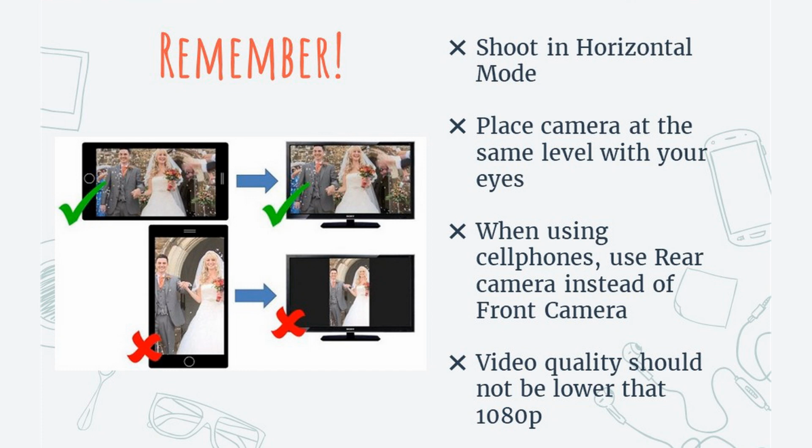When using cell phones, use rear camera instead of front camera. The rear camera has much greater quality than the front cam. And also remember that video quality should not be lower than 1080 pixels so that your face and graphics would not be distorted on your video outputs.